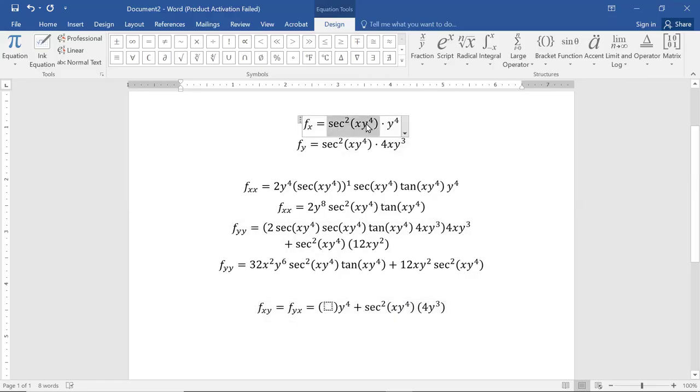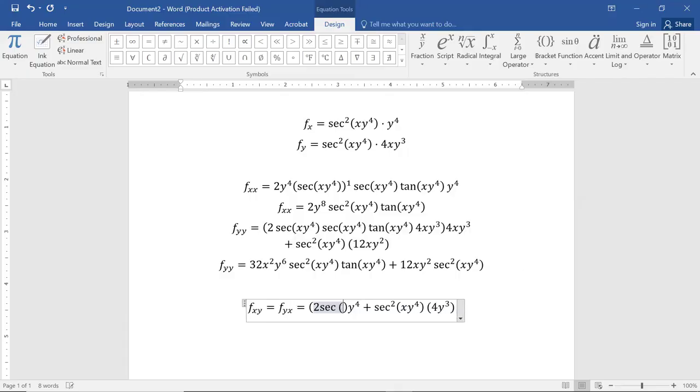Derivative of that first component with respect to y is going to be, well, 2 secant to the first power times the derivative of secant, which is secant times tangent, times the derivative of the inside function with respect to y.